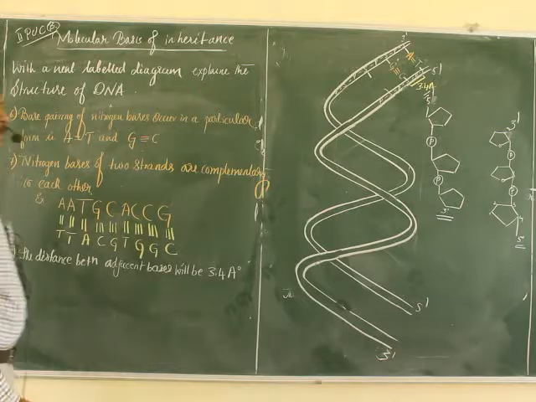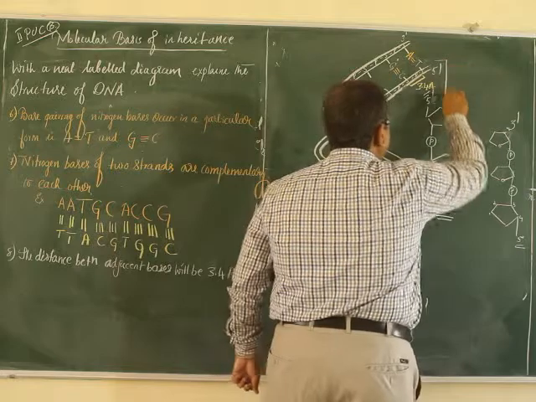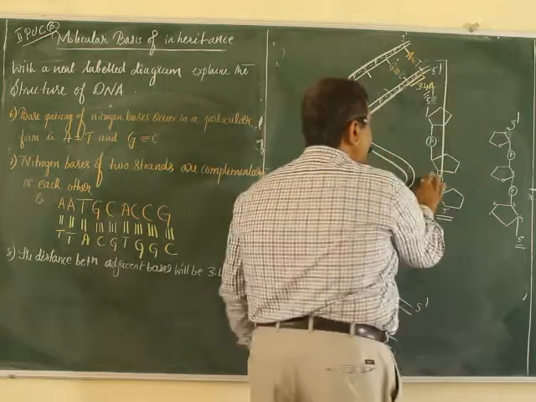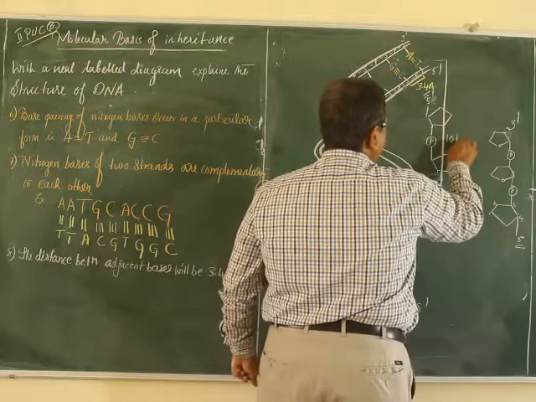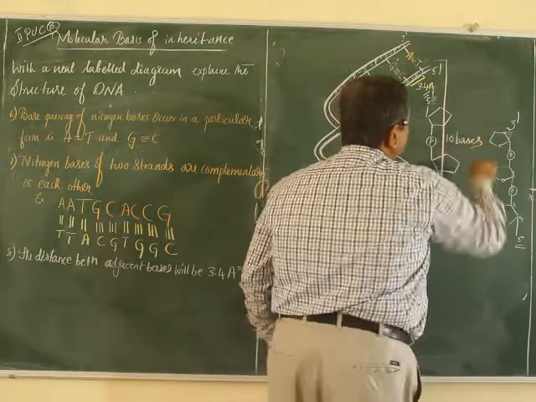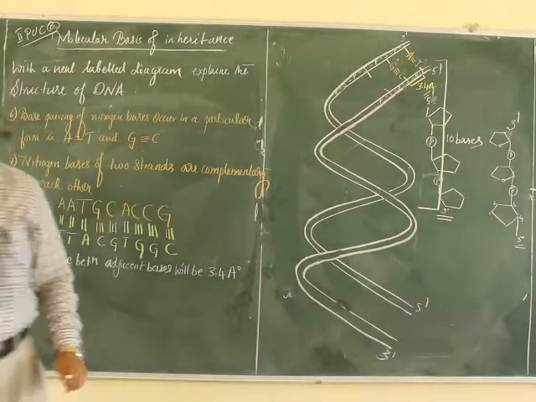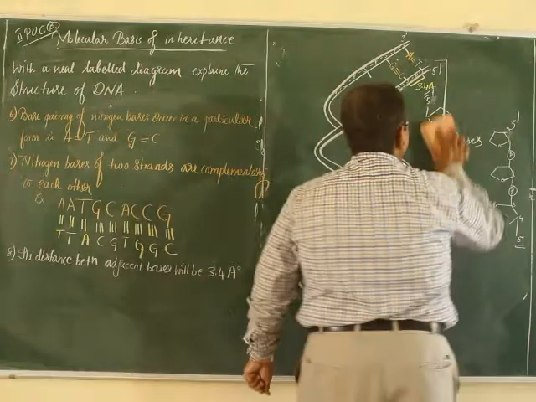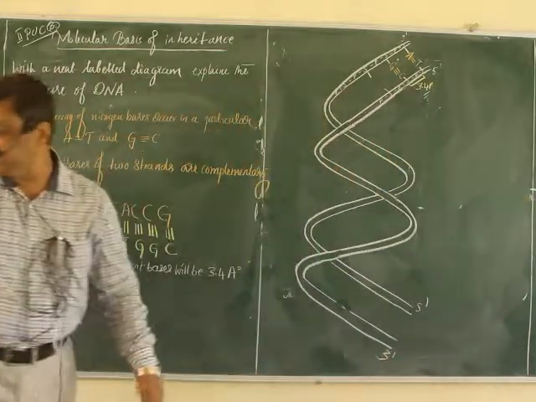And for one complete turn, DNA takes around 10 base pairs. How many base pairs for one complete turn does DNA take? 10 base pairs. Now you can analyze.